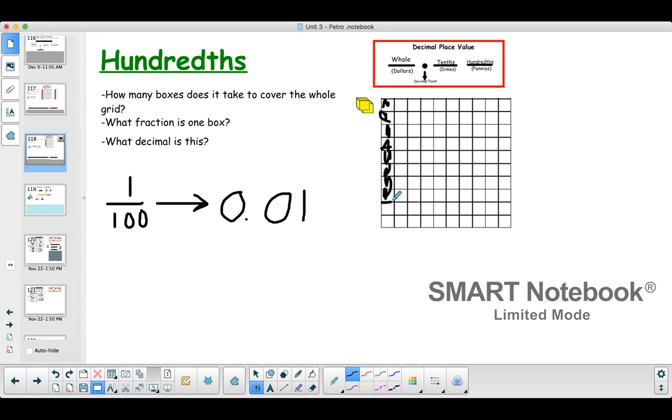This shading would represent 8 hundredths. If you notice, I don't have a long, and we know that longs are equivalent to tenths, so I don't even have a tenth. So as I'm writing that decimal, it would be 0 and 8 hundredths. I just have 8 boxes shaded.